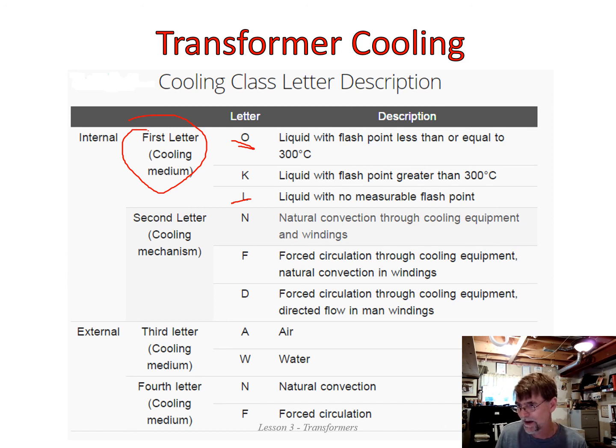Second letter, cooling mechanism: N is for natural, F is for forced, D is also for forced, a different version of construction. And then externally, we have air and water, or natural convection or forced circulation, which is going to be your fan.